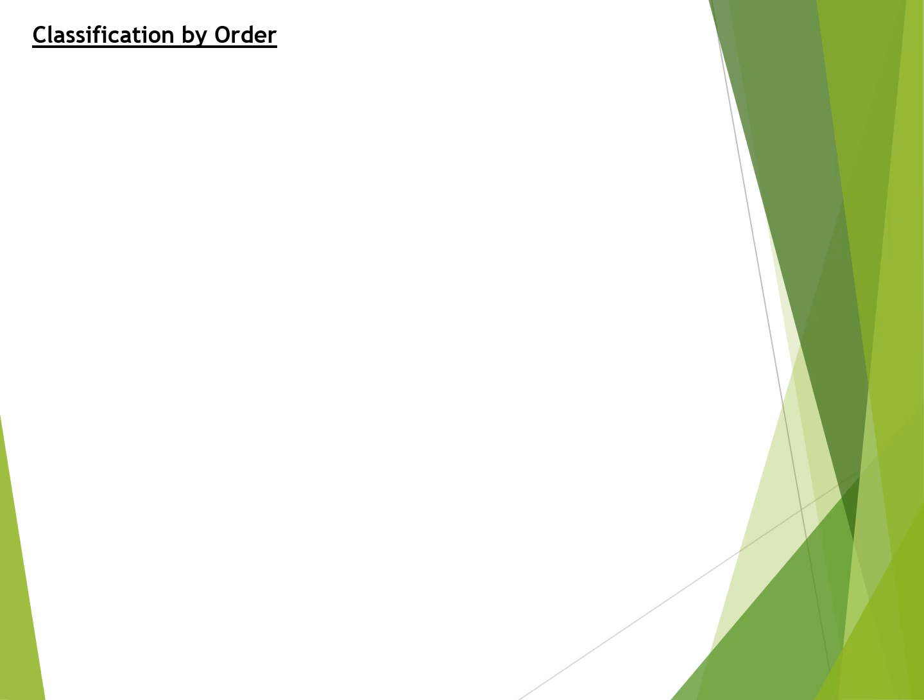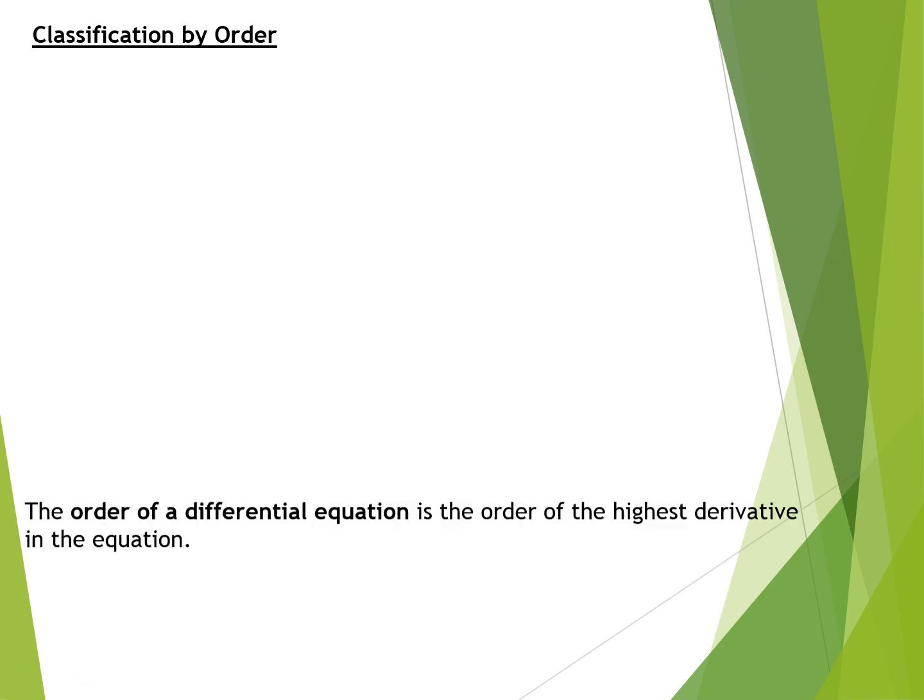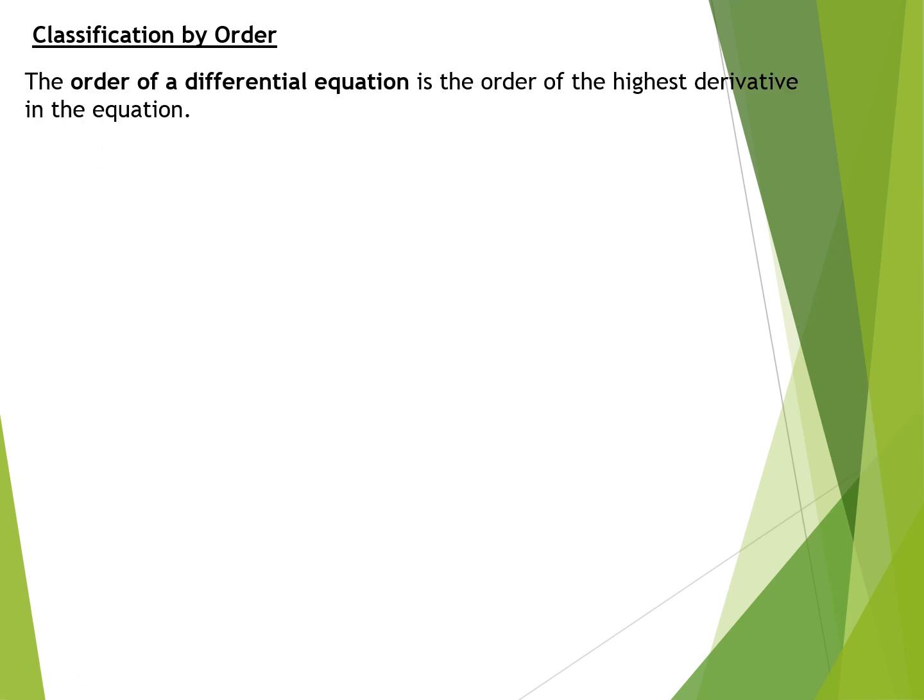Now let us classify DEs by order. Let us first define what an order is. The order of a differential equation is the order of the highest derivative in an equation.